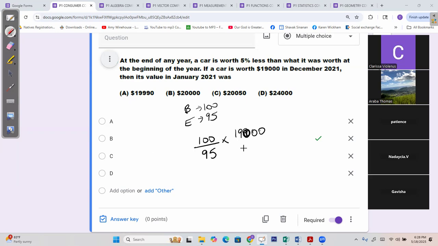This is so hard to calculate. So what would be the faster way to calculate this? Everybody understand where I get this formula from?